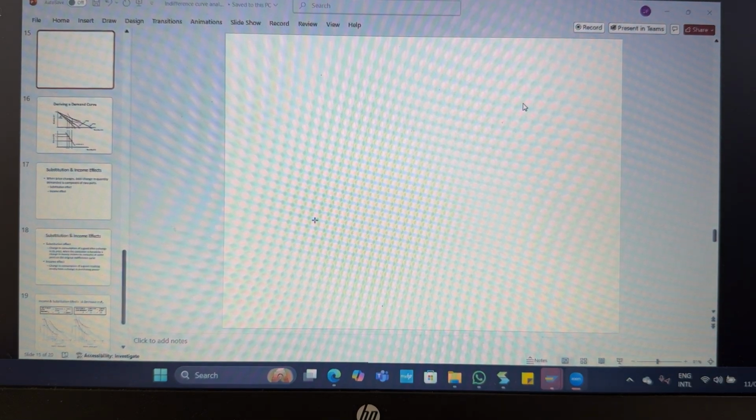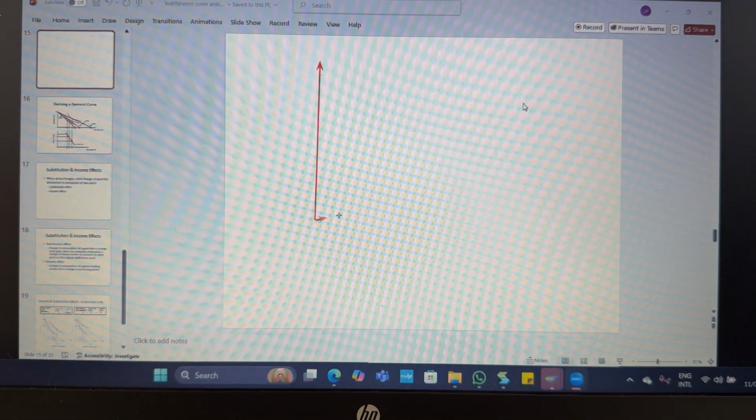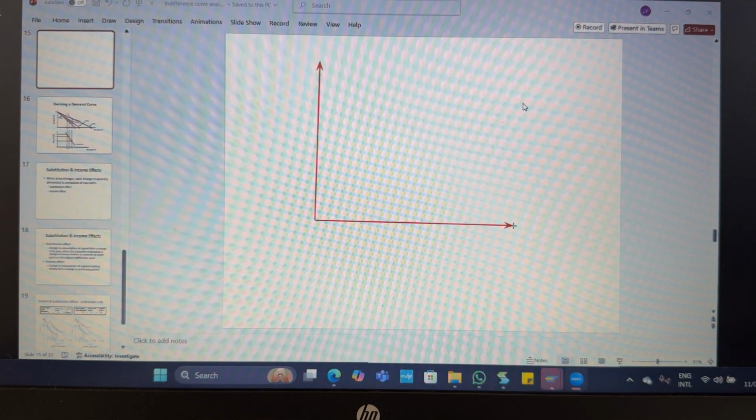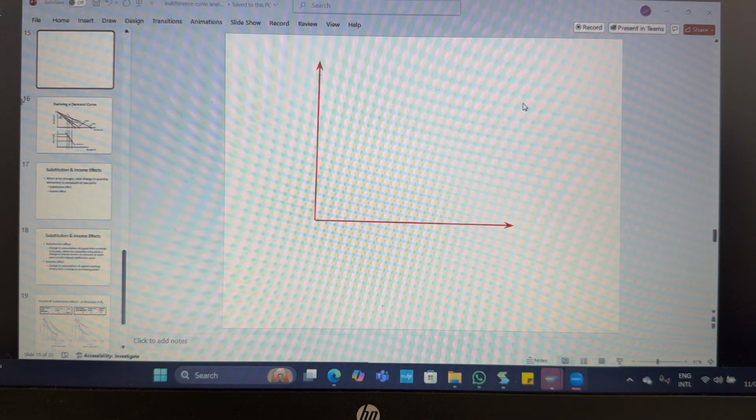So, we're talking about the indifference curves analysis. I'm drawing a graph here.